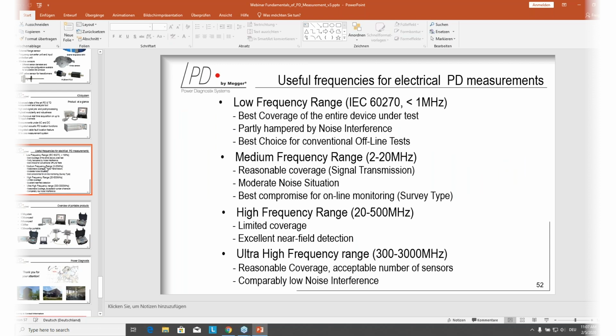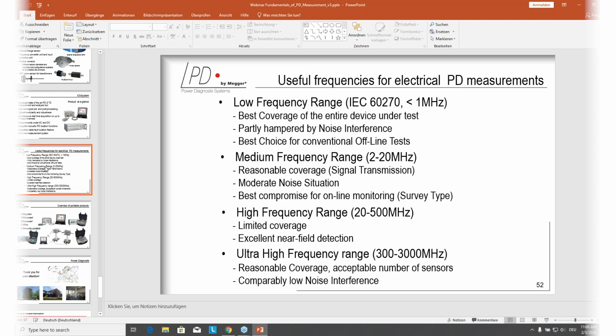But he says it can be expanded by a larger number of sensors. Yeah, so the answer is yes, we can expand the coverage by placing more UHF sensors on a transformer or on a GIS. But the general coverage of each individual UHF sensor is very limited, and it's a near field detection.